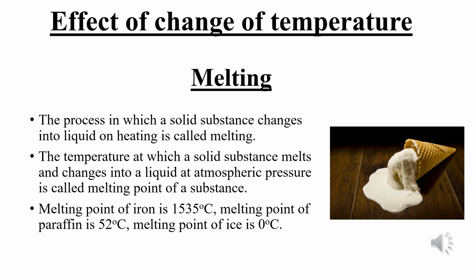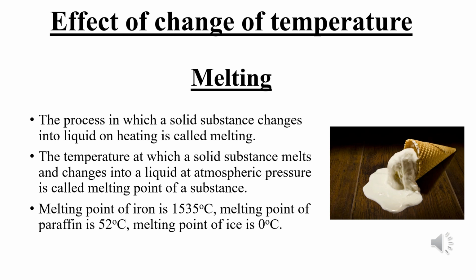Less the melting point, less the force of attraction between the particles. So if we compare the melting point of iron and that of ice, then we will say it has a very strong force of attraction in the case of iron. The particles of the iron are having very strong force of attraction. However, the particles of ice are having weak force of attraction.